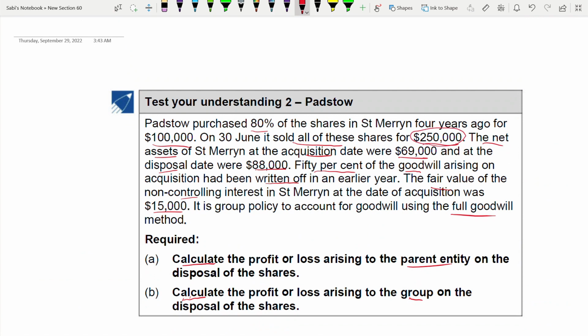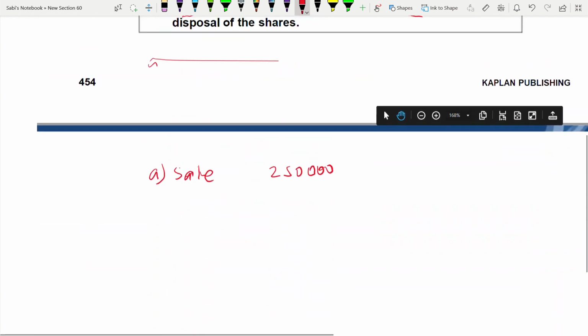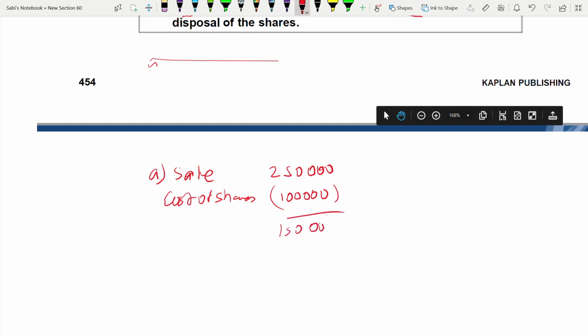Less the cost, how much? 100,000. So you are left with 150,000 profit. This is the profit.